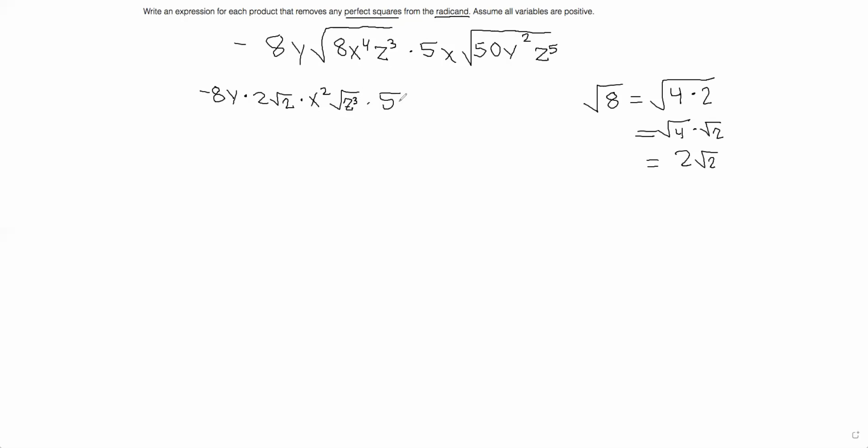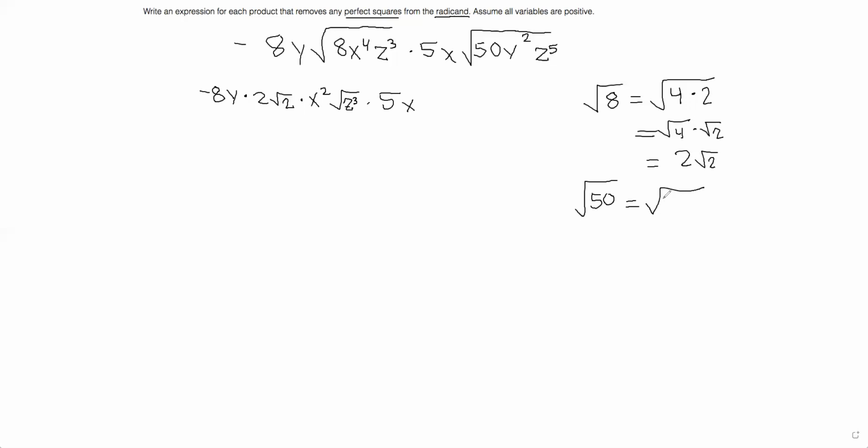We have 5x. And then we want to think about a way to rewrite this square root of 50. So the thing that comes to mind is to do something similar to what we did for 8. So 50 has quite a few factors. We want to think to ourselves if we can identify any that are perfect squares. Indeed, there is one. So 25 is a perfect square.